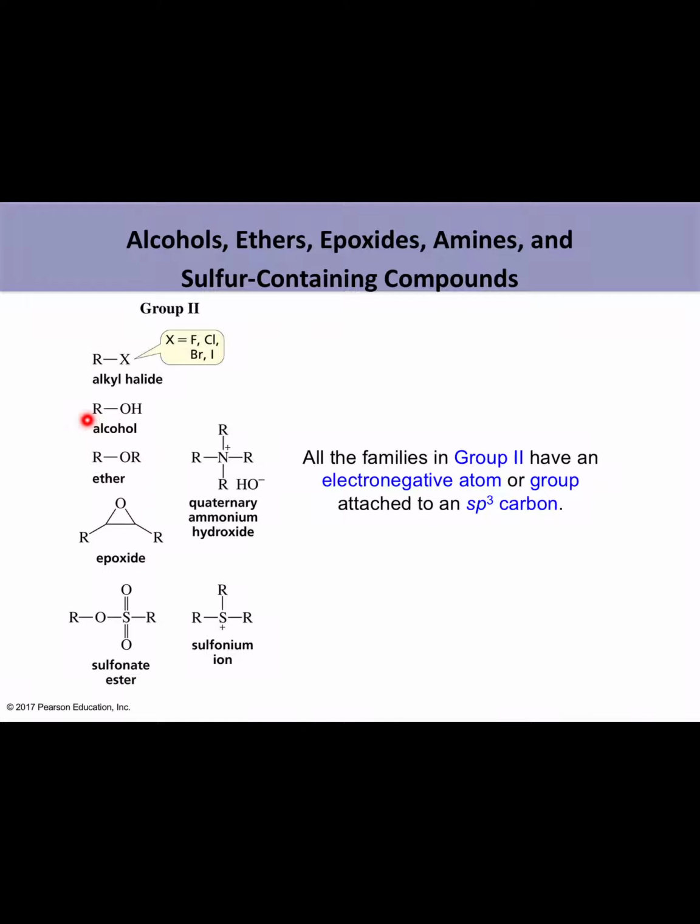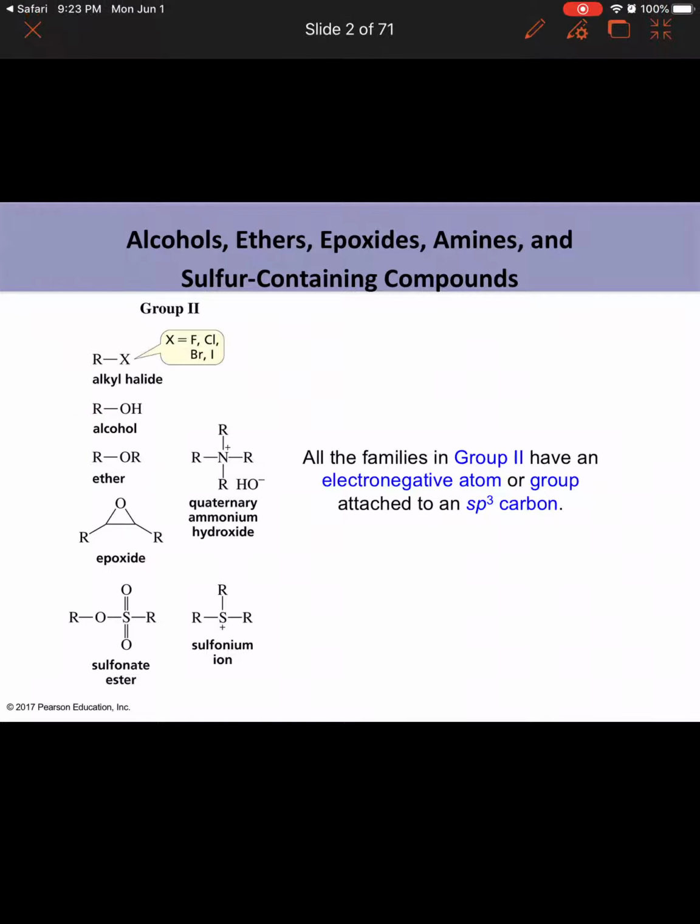If you remember from general chemistry 1, if you have a carbon with 4 hydrogens attached to it, what is the hybridization of this carbon? It has 4 electron groups, which are single bonds, and we call this carbon sp3 hybridized.